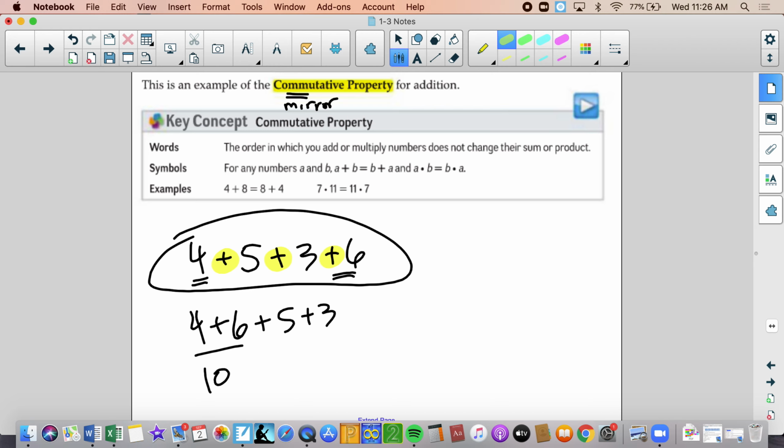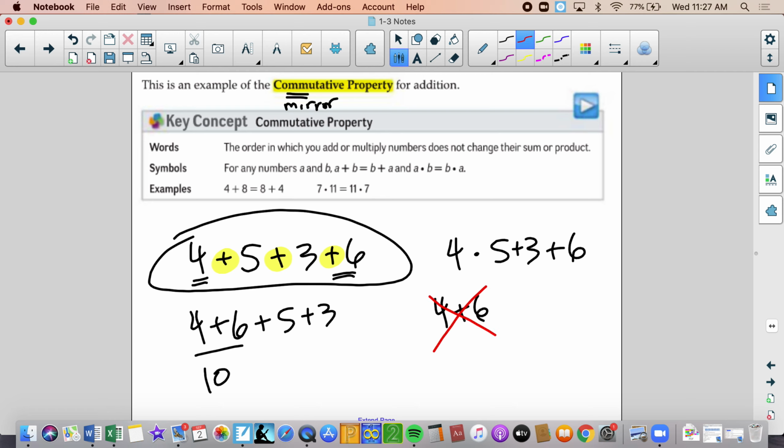If we had multiplication in there, something that looked like 4 plus 5 times 3 plus 6, we cannot commute the 4 plus 6.